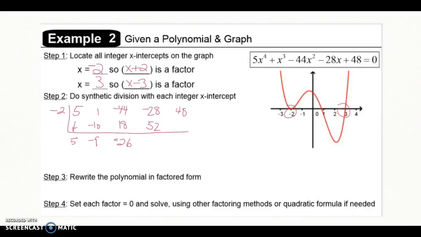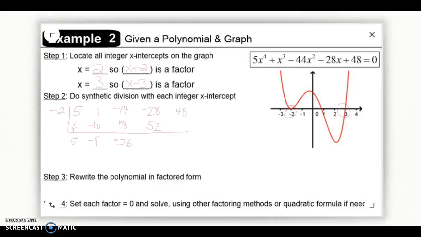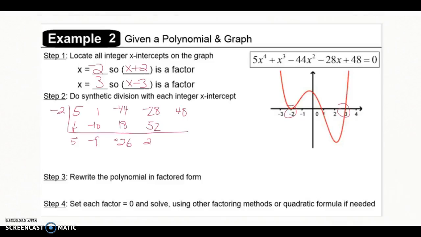Add those two together, you get 24. Multiply by -2, -48. Add those two together, you get 0. Good. That means we're doing our multiplication and additions correctly.